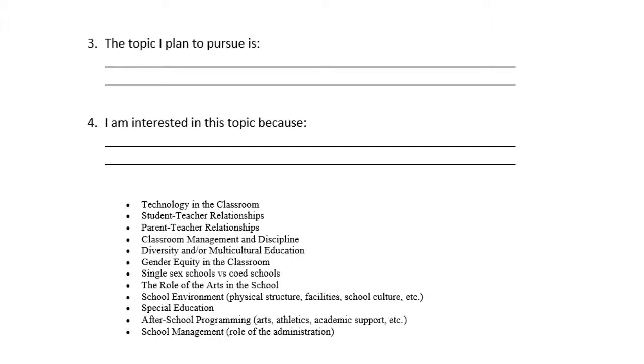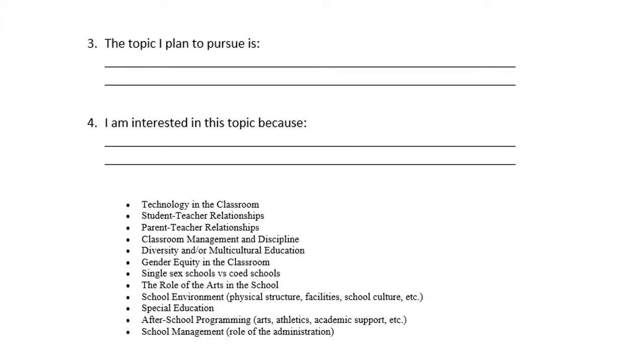You could choose, for example, technology in the classroom to write about, student-teacher relationships, parent-teacher relationships, classroom management and discipline, diversity or multicultural education, gender equity, that is, treating boys and girls fairly and the same in the classroom, single-sex schools versus co-ed schools.